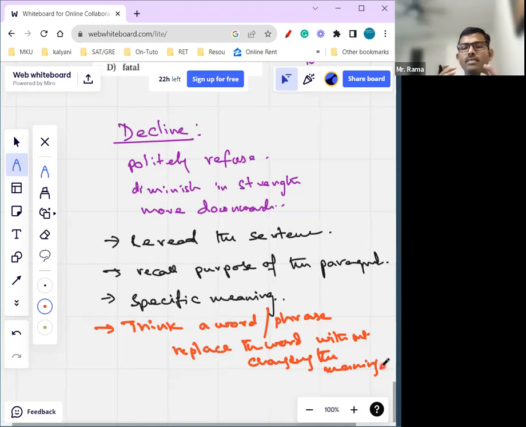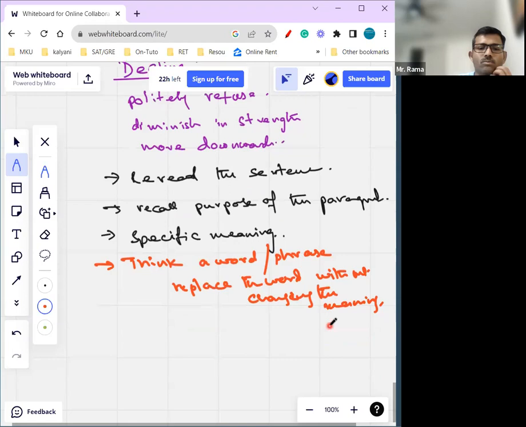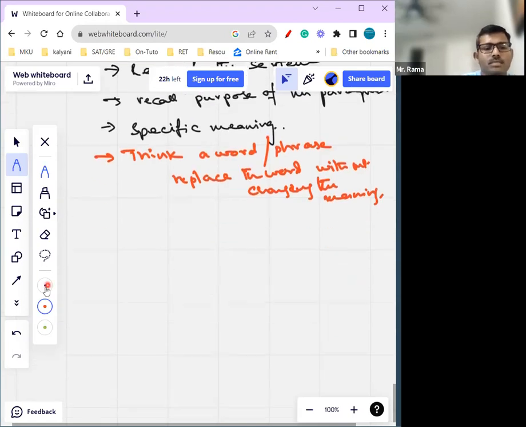Okay, let's say I choose my answer. Once I choose my answer, what you're going to do is read the sentence with the replaced word. Does that make sense? Once all these steps are done, read the sentence again with the replacement.